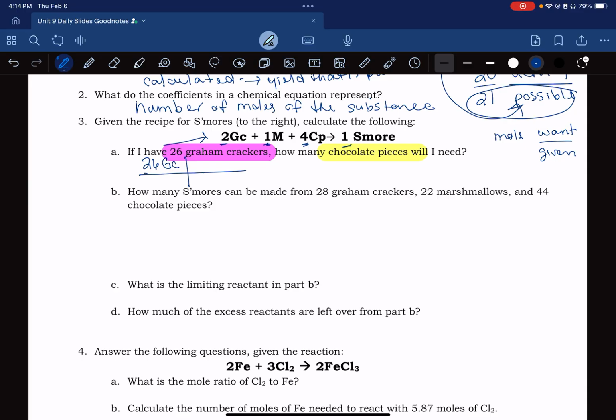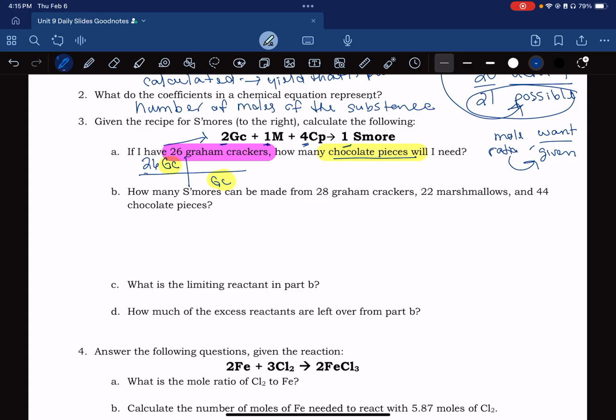We also learned that in dimensional analysis, which is the way that we can take something and accurately represent it in a different unit using these relationships like mole ratio. The unit right here is graham crackers, so graham crackers has to go here. We want chocolate pieces, and we know that mole ratio equals want over given.